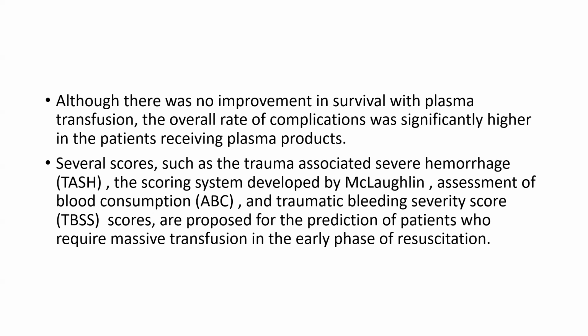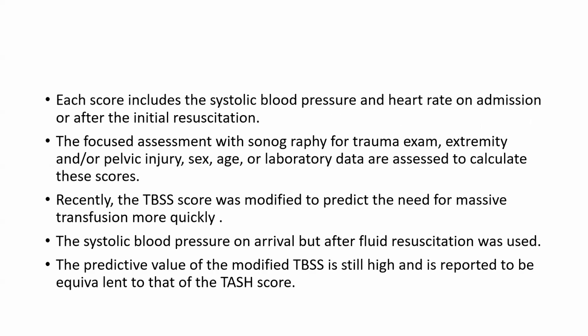Several scores, such as the Trauma Associated Severe Hemorrhage score, the assessment of blood consumption score, and the Bleeding Severity Score, are proposed for prediction of patients who require massive transfusion in the early phase of resuscitation. Each score includes systolic blood pressure and heart rate on admission and after initial resuscitation.